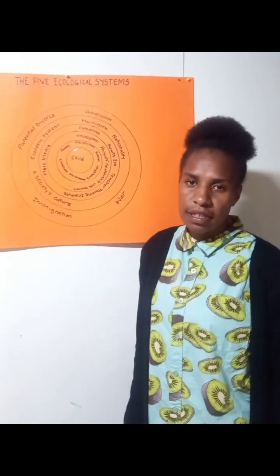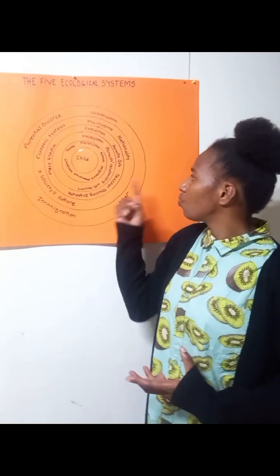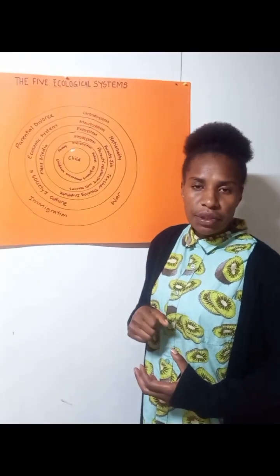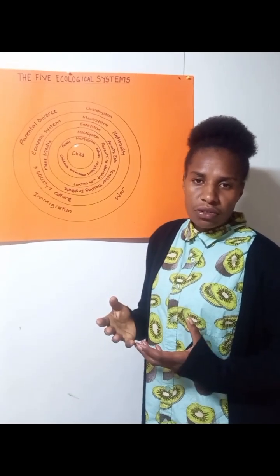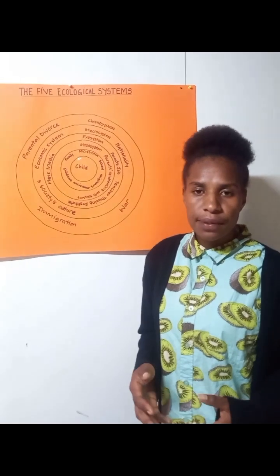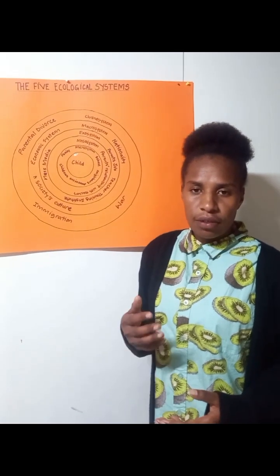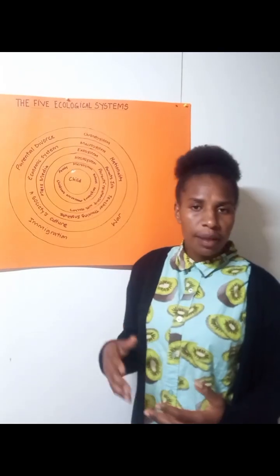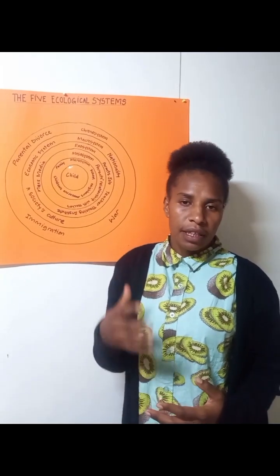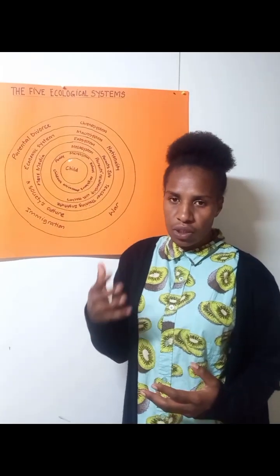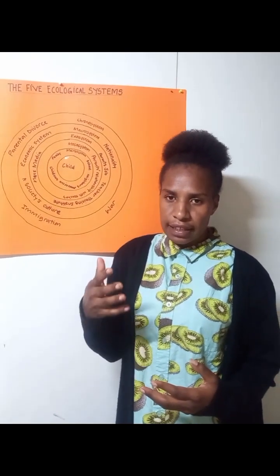For instance, if the child's parents have a good relationship with the teachers, it can positively influence the child's cognitive development. If the parents do not have a positive relationship with the teachers, it can affect the child's cognitive development negatively.